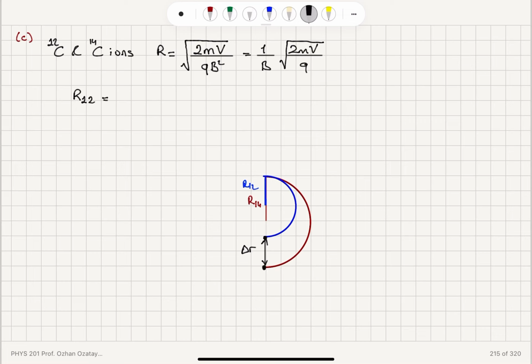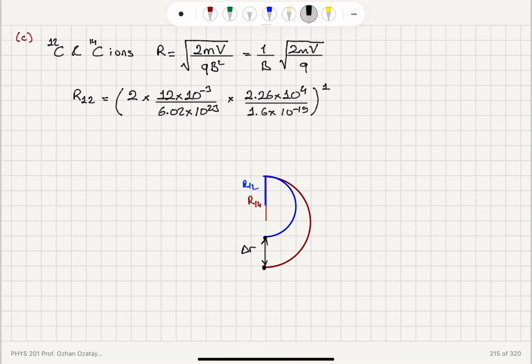For carbon-12, I'm going to use 2mV: 2 times the mass of one carbon-12 ion, which is 12 × 10^-3 kilograms divided by Avogadro's number, 6.02 × 10^23, because it's the mass of 1 mole, multiplied by the potential I calculated, 2.26 × 10^4 volts, divided by the electron charge, 1.6 × 10^-19 coulombs.